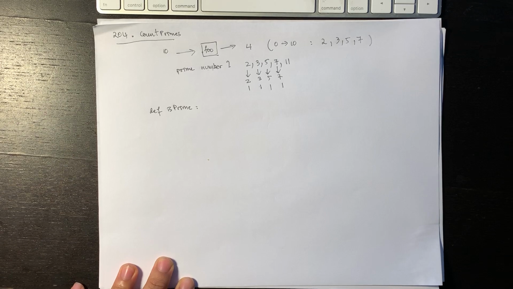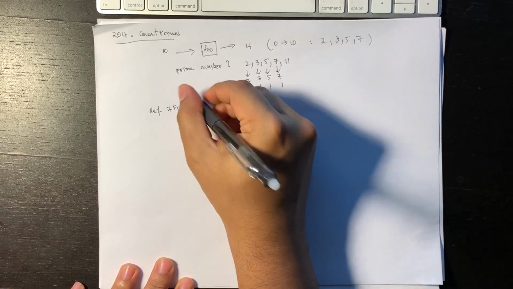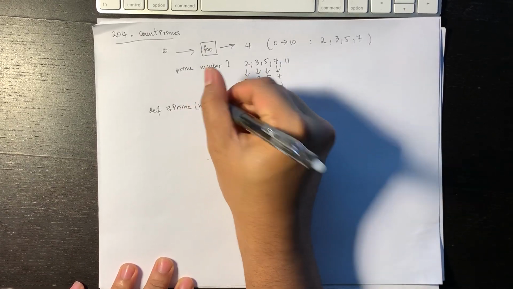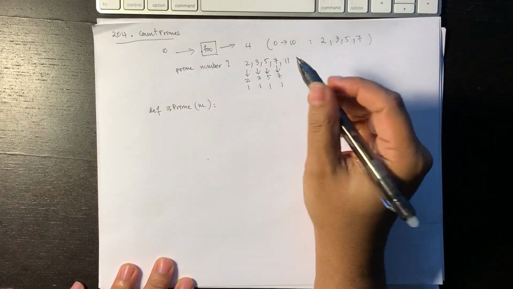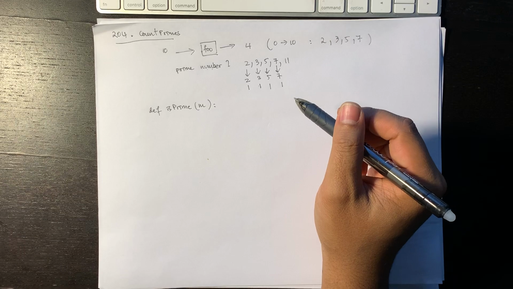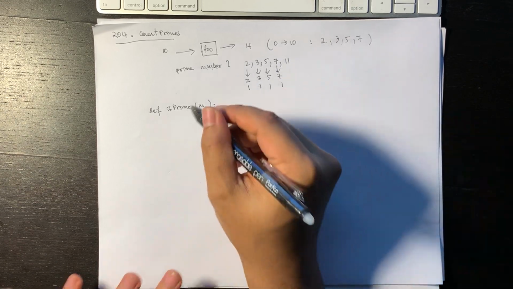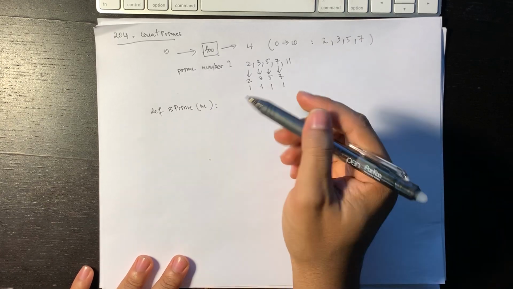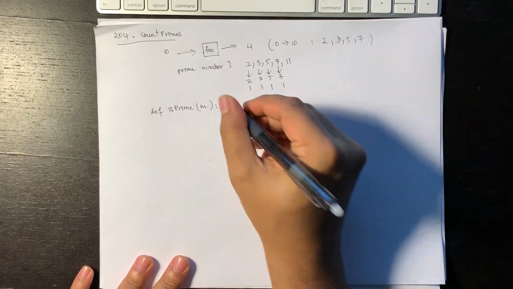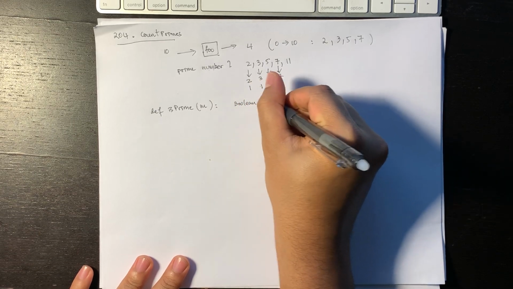The function is supposed to return a boolean, either true or false.